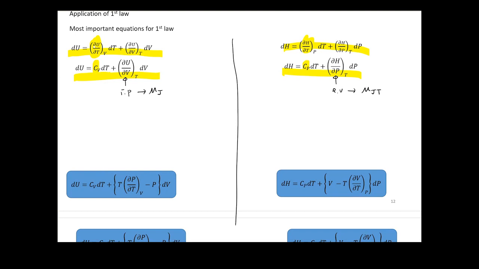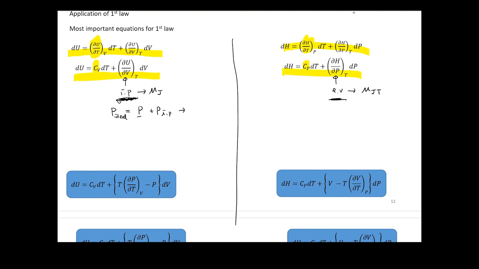We want to further expand this equation so that it can become more useful. So here we want to further expand the second term using some simple approximations. Here we know this term is called the internal pressure. Back to chapter 16, we say P ideal will be your P real plus your P internal pressure.